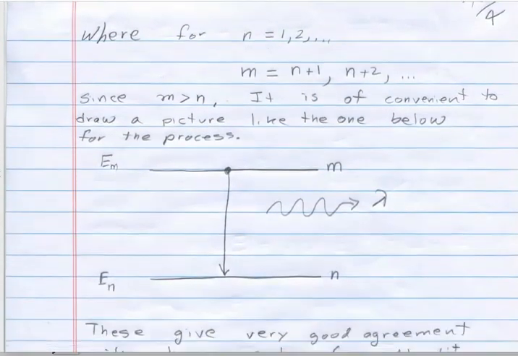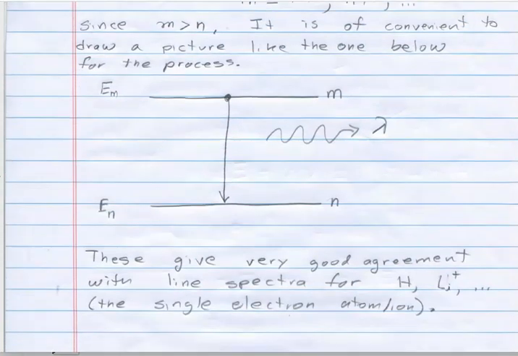I usually look at it sort of pictorially to remember all of this. I have an electron up in an excited state, upper level, so m is bigger than n, and it spontaneously, for some reason, makes a quantum jump down to this level En, but in so doing, it releases a photon of wavelength lambda.